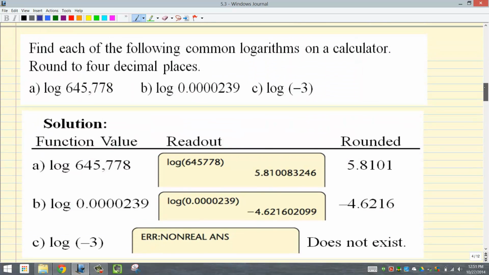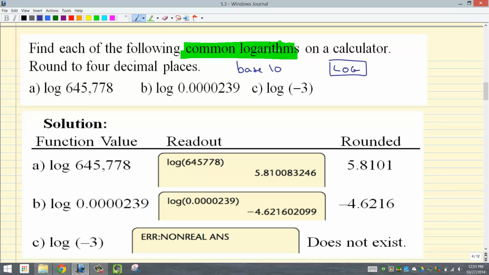So on your calculator, if you're asked to calculate the following common logs, so these are common logs, so that's base 10. These are all base 10. You have a button on your calculator, and it looks like this, log. That's the base 10 logarithm.